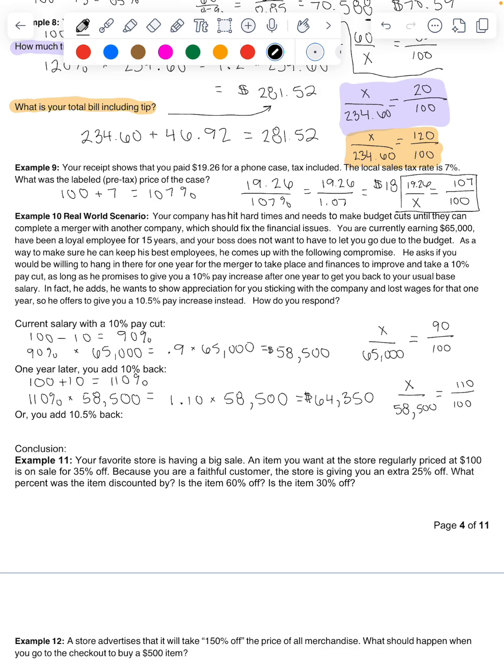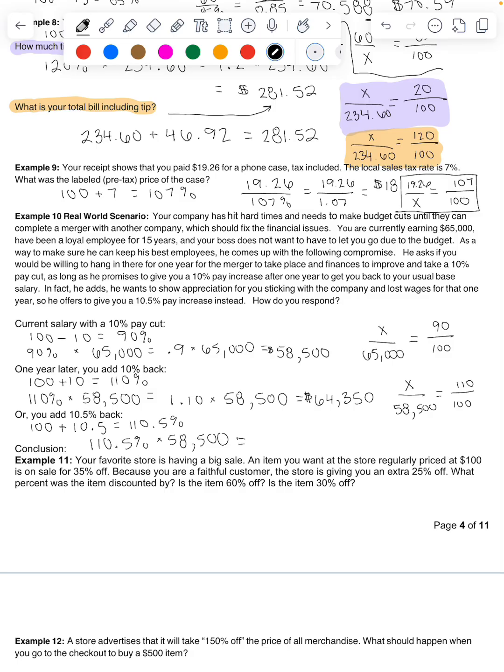So let's say instead we add 10.5% back. So 100% plus 10.5% is 110.5%. 110.5% of 58,500 is... and I accidentally typed in 110.5.